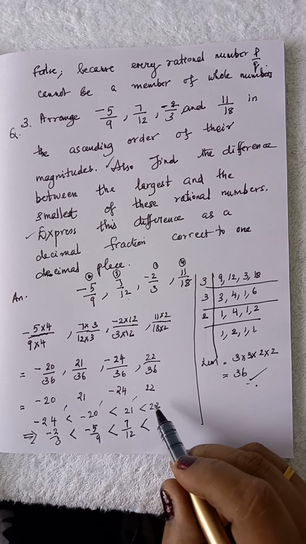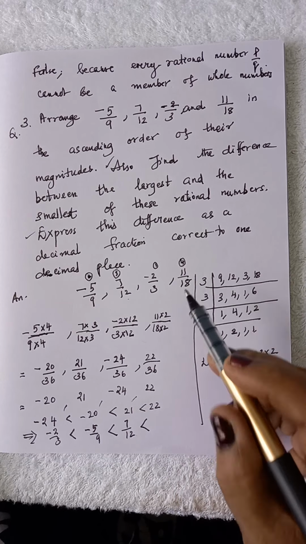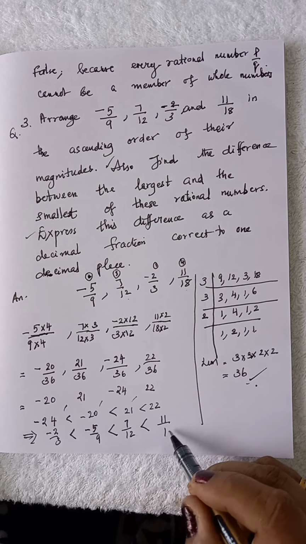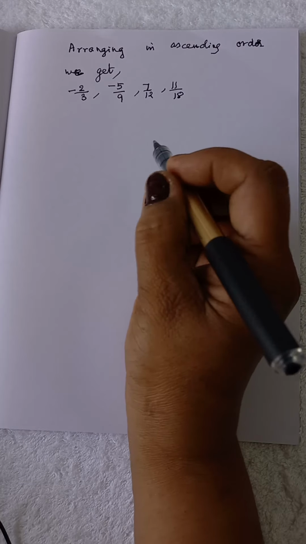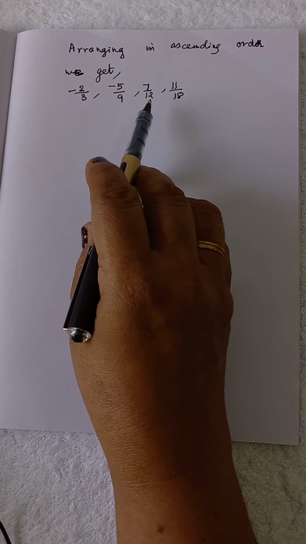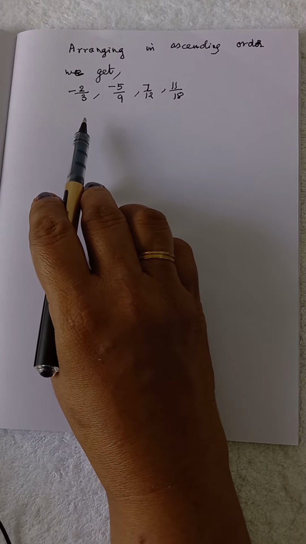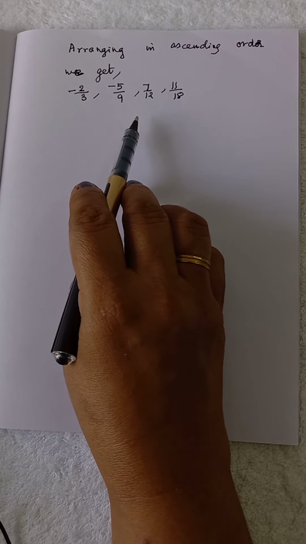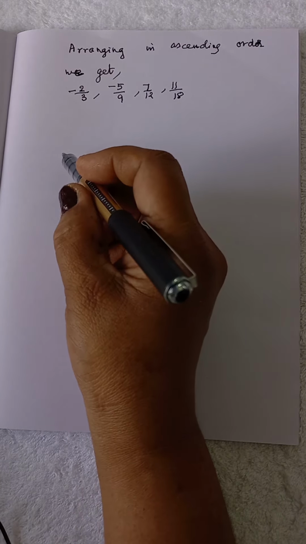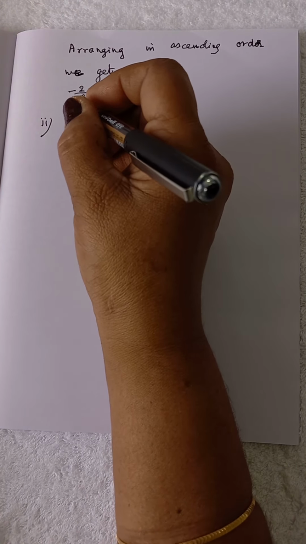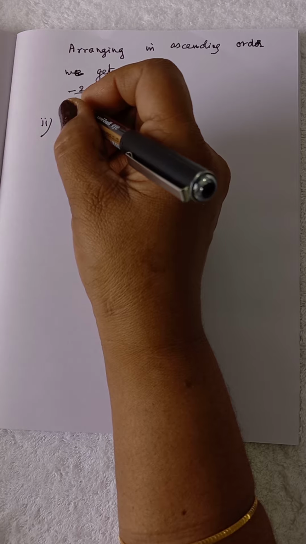Now which is less than 22 corresponding rational number is 11 by 18. So on arranging in ascending order we get minus 2 by 3, minus 5 by 9, 7 by 12 and 11 by 18.